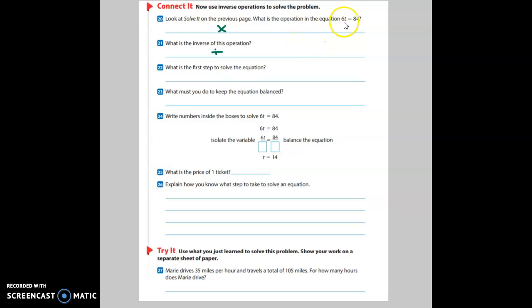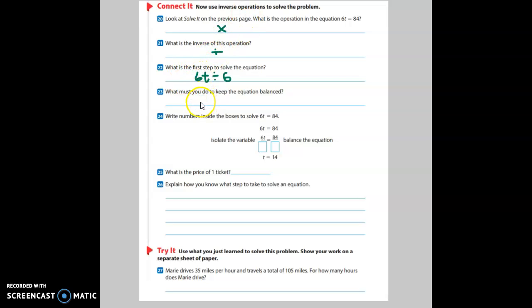What is the first step to solve the equation? We need to divide 6T by 6. So 6T divided by 6. What must you do to keep the equation balanced? Divide the other side by 6. So then you would have to do 80. Whoa!